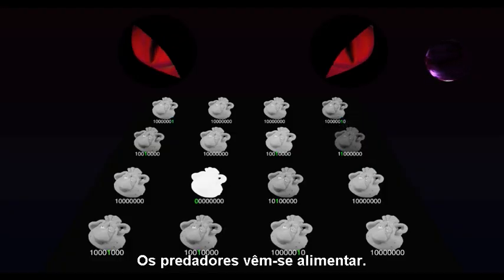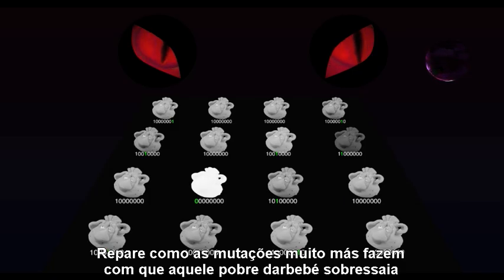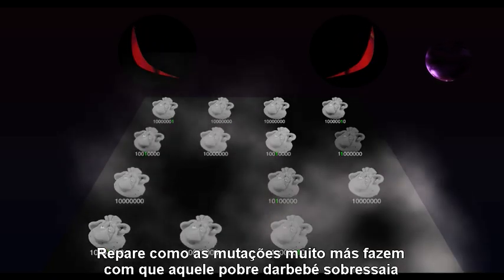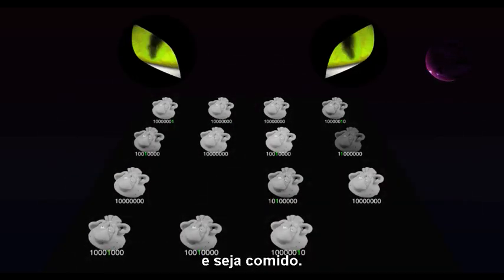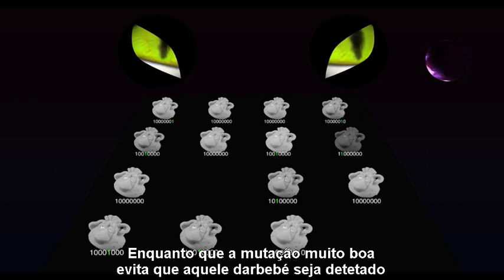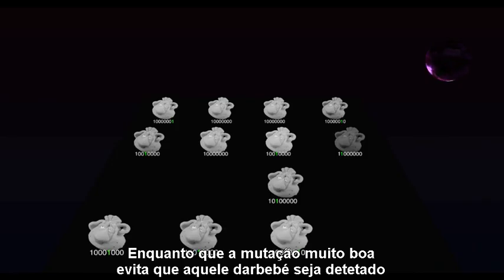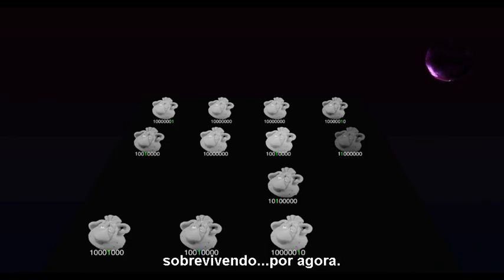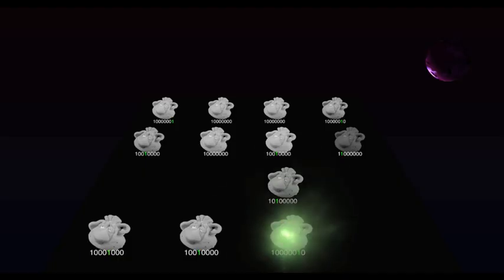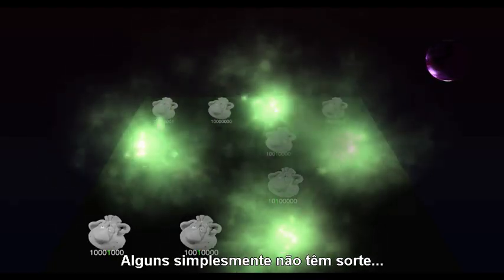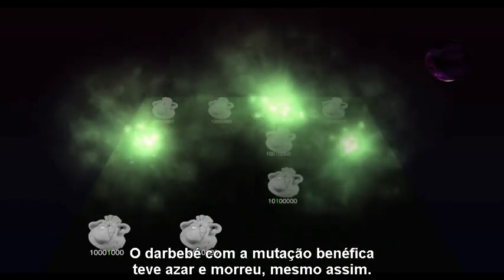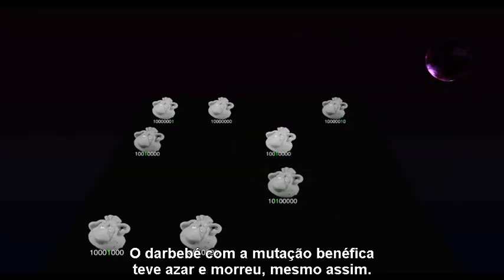Predators come to feed. Notice how the really bad mutation causes that poor Dar baby to stick out and get eaten, while the really good mutation prevents the Dar baby from being seen, keeping him alive for now. Some are just unlucky. Oops, the Dar baby with the really beneficial mutation was unlucky and still died.